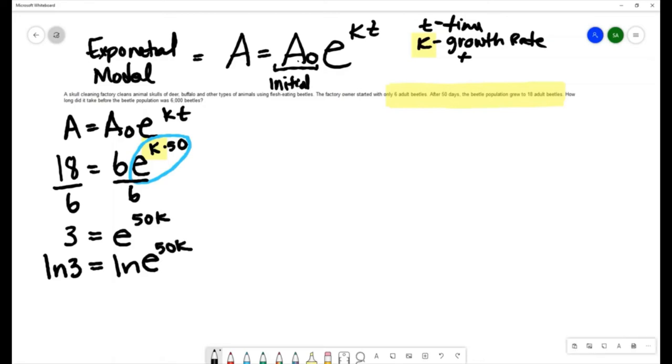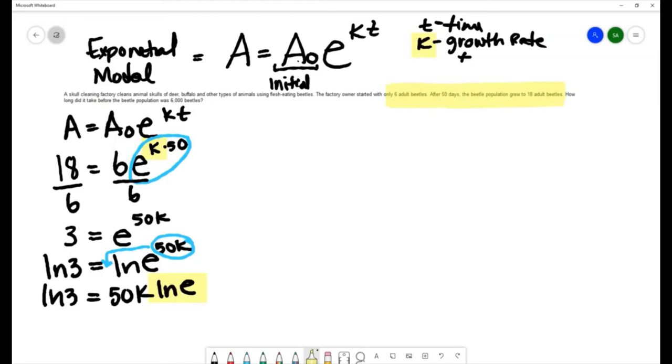On the right-hand side, I can use the power rule and move that exponent to become the coefficient. That becomes 50k, natural log of e. I can simplify this further because natural log of e is 1.